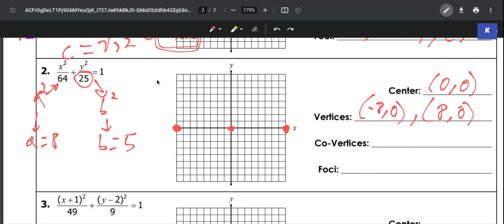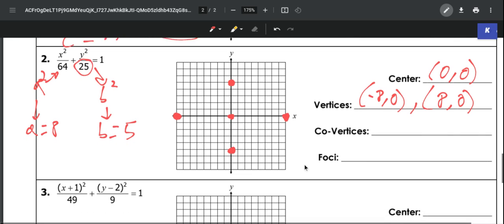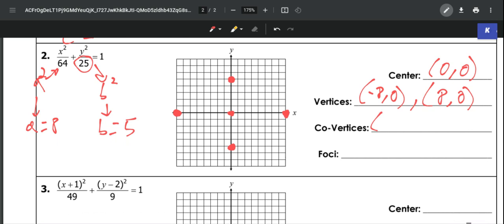So that tells us to apply that to the y variables from our center. So we'll count up 5 units: 1, 2, 3, 4, 5. And then we'll count down 5 units: 1, 2, 3, 4, 5. So we're counting from the center again. So those points there would be at 0, 5 and 0, -5.